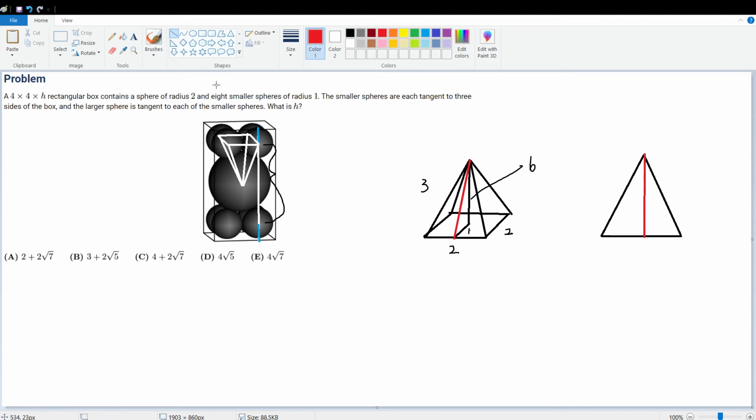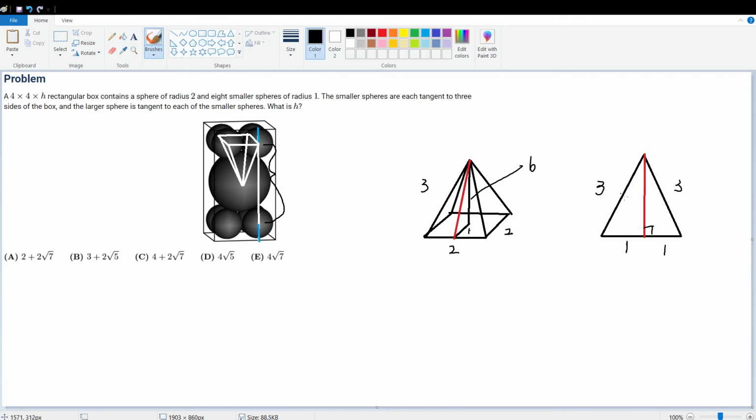Okay, so like we mentioned in the diagram, we know that this length is 3, and since this entire length is 2, and this is an isosceles triangle right here, we can say that this length is 1, and this length is also 1, and that this is, like I said, an altitude, therefore this should be a right triangle.